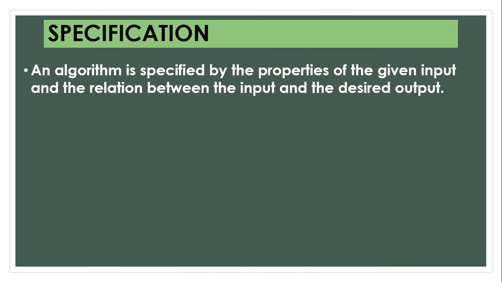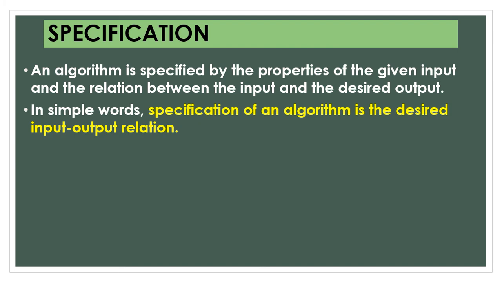An algorithm is specified by the properties of the given input and the relation between the input and desired output. So the definition of an algorithm is based on the properties of input and the relation between the input and desired output here.